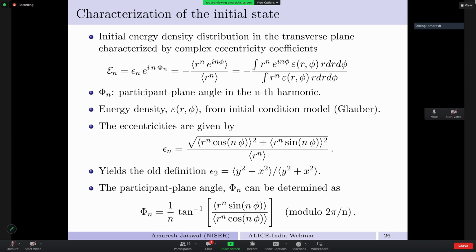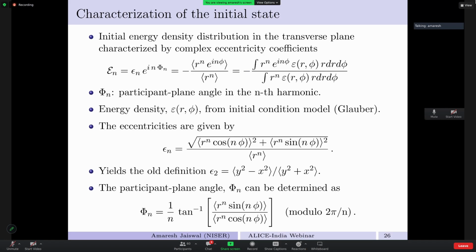Epsilon 2 is the one which controls the geometry of the collision, and that's what I measure when I try to estimate centrality.